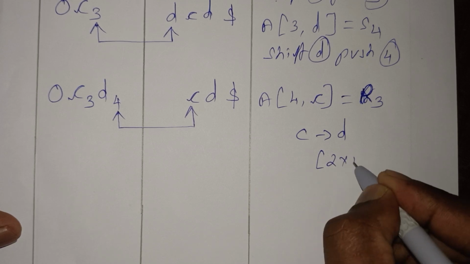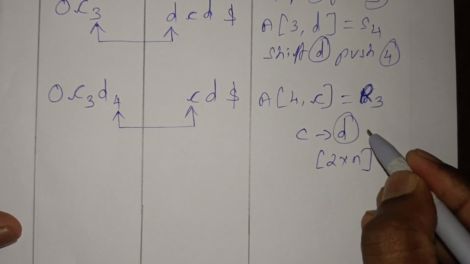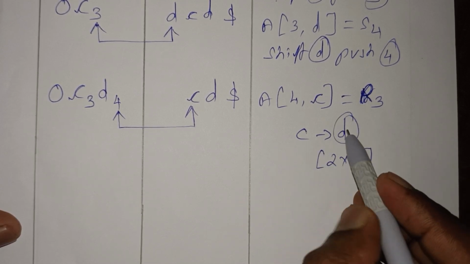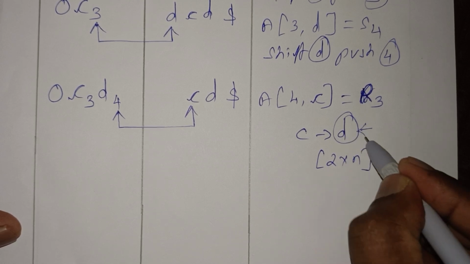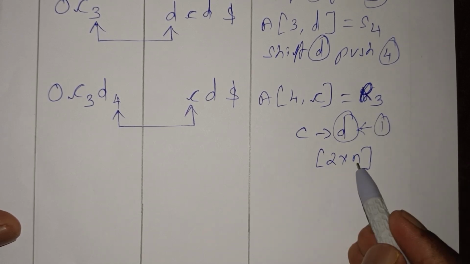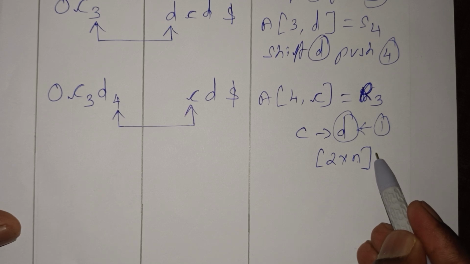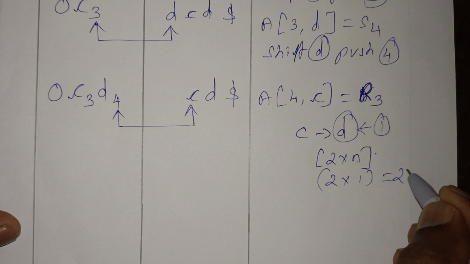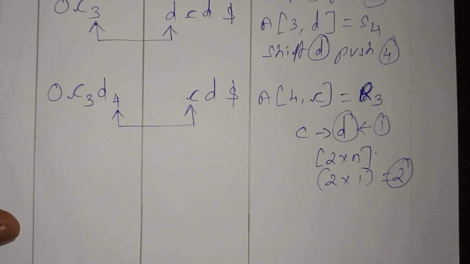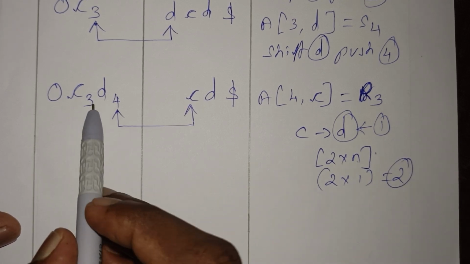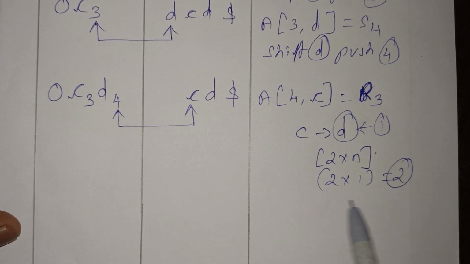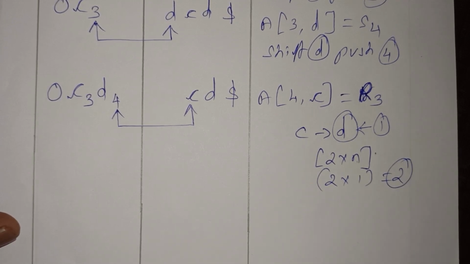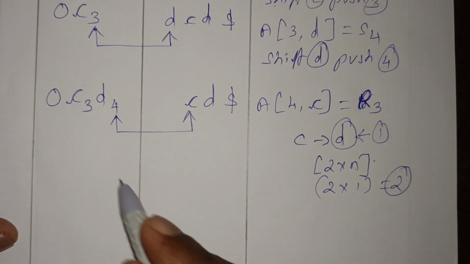The formula is very simple: 2 into n. What is n? The number of elements present in this particular production rule. The number of elements is only 1, so n is 1. So 2 into 1, the answer is 2. Two elements we need to reduce in this particular stack. So we need to pop two elements.